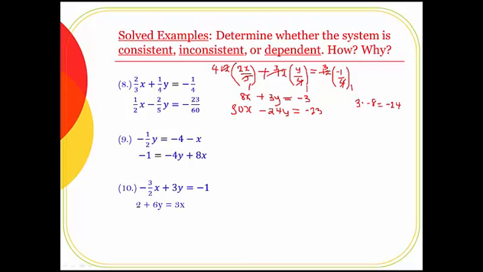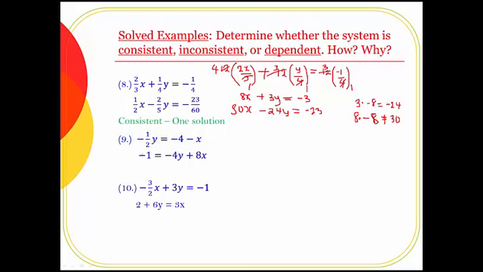And then if you do 8 times negative 8, it's not equal to 30. 8 times negative 8 is negative 64. It's not going to give you 30. So because of that, this is consistent.